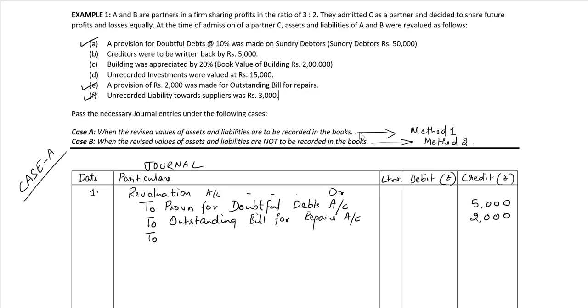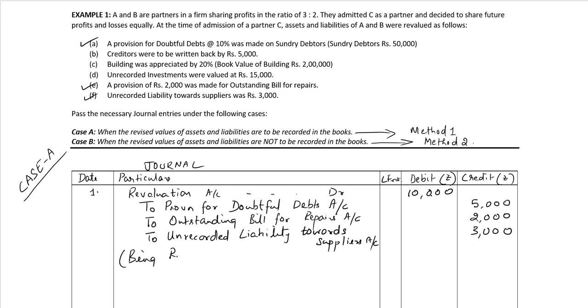And finally to unrecorded liability towards suppliers account, rupees 3,000. So totally we need to debit the revaluation account with rupees 10,000, being revaluation account debited.